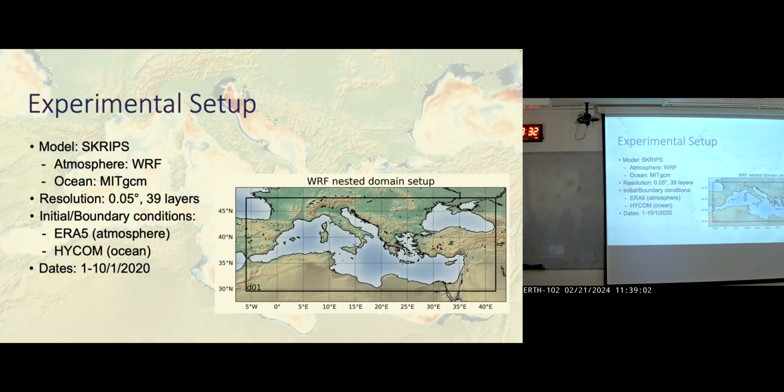This is the domain that I used to run the simulation. It's a 5 kilometer resolution, both in the atmosphere and the ocean. And I ran this simulation for 9 days, between the 1st and the 10th of January.